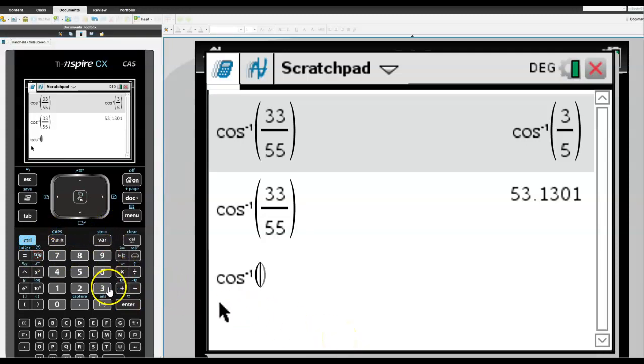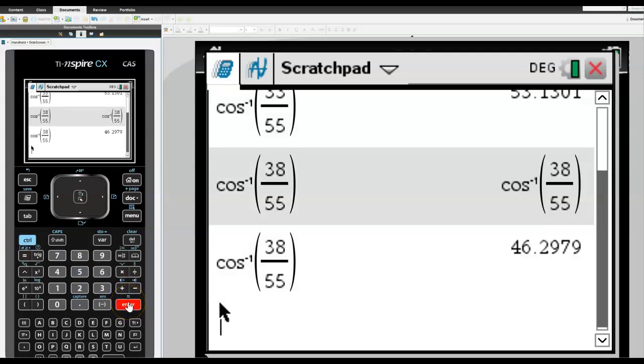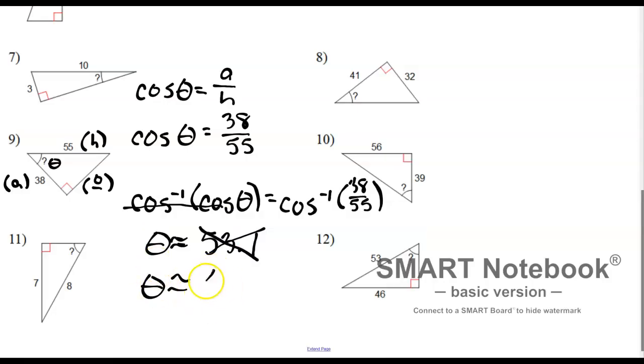Cosine inverse. 38 divided by 55. Enter. Okay. This is my exact answer. We want something rounded in decimal. We got 46.3 in this case. Alright, so that takes care of number 9.